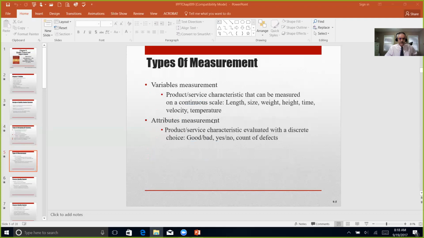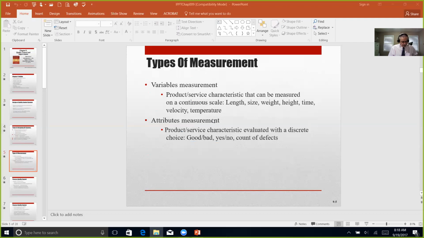Two types of measurements when it comes to quality. Variable measurements look at a continuous scale of factors such as length, height, weight. It could be the dimensions of parts, the viscosity of liquids, or the time it takes to wait on tables in a restaurant, as an example of a variable measurement.